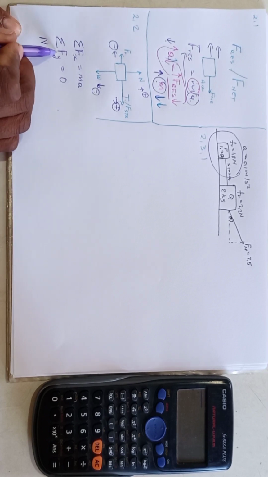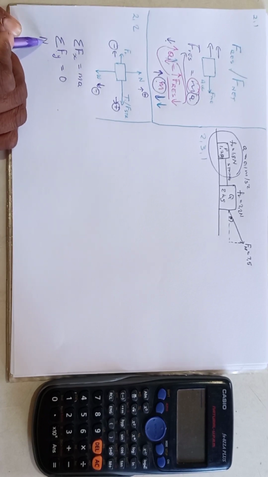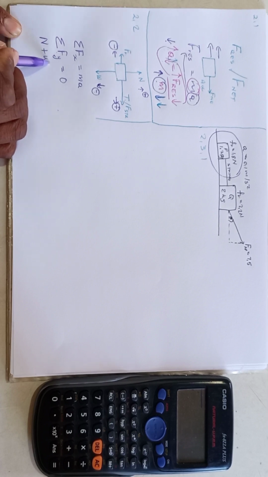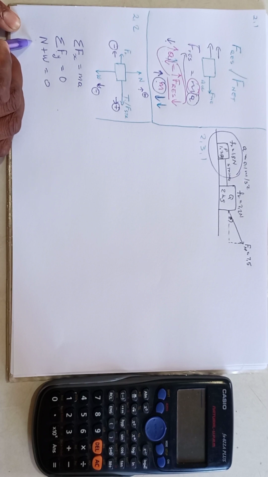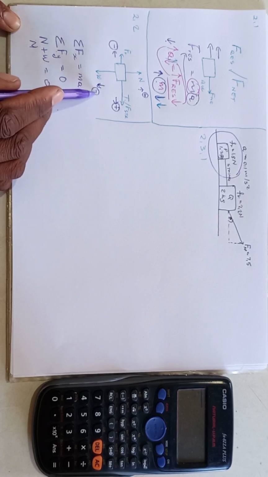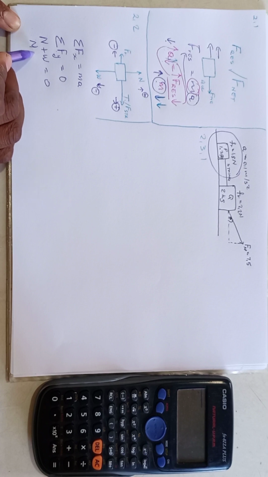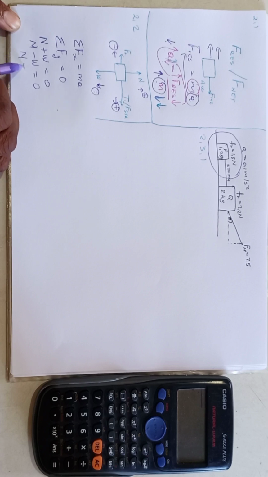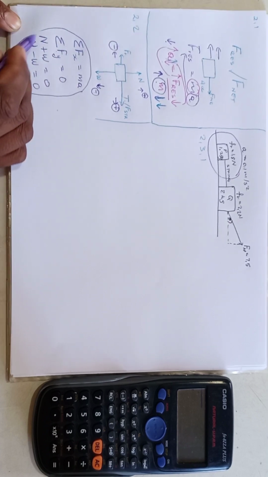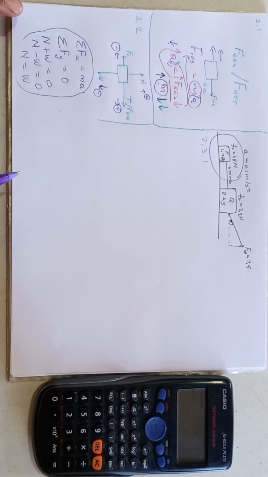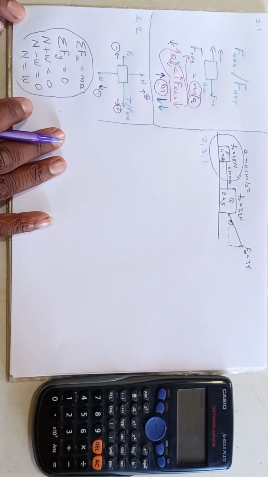Sorry, my camera didn't focus there. So if we were to expand here, we would say the normal force plus the gravitational force is equal to 0, and this sign would change because this force is taking the negative direction, so it would be N minus W equal to 0, which makes our normal force equal to the gravitational force. This is not asked, by the way. I'm just explaining it to you so that you understand what we're going to do.